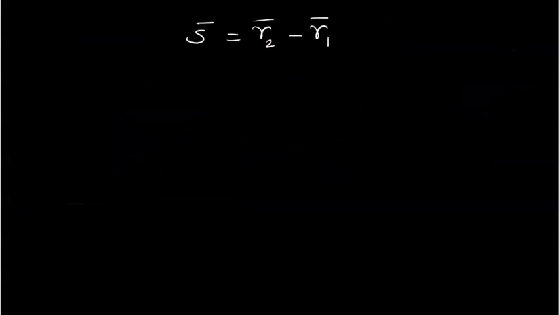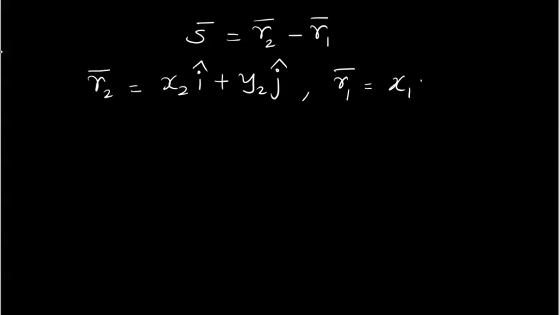Now if I write it in terms of components, R2 bar can be written as X2 i cap plus Y2 j cap. I am writing it in component form. R1 bar can be written as X1 i cap plus Y1 j cap. Now what is R2 bar minus R1 bar?